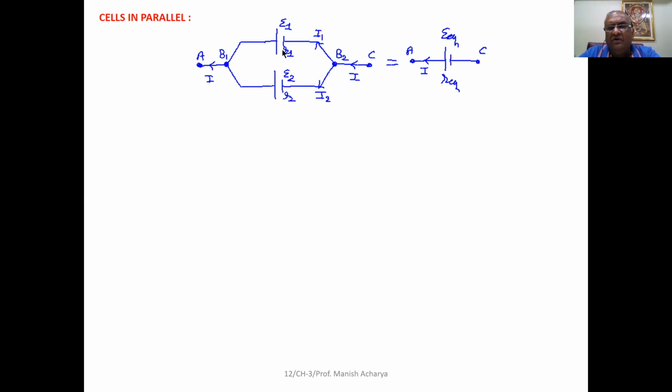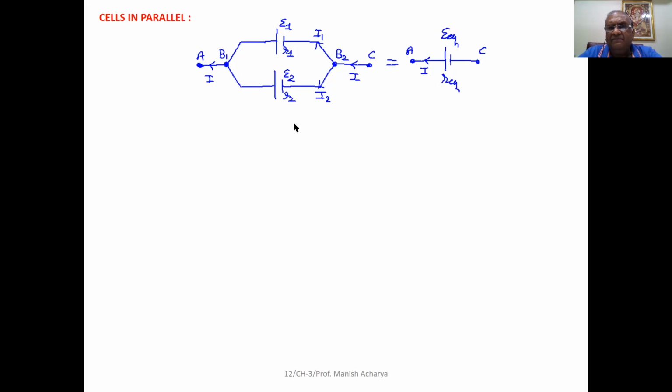Then this type of combination of the cells is known as a parallel combination. If the equivalent EMF of the combination is E equivalent, and the equivalent internal resistance is R equivalent, then this is the equivalent circuit.